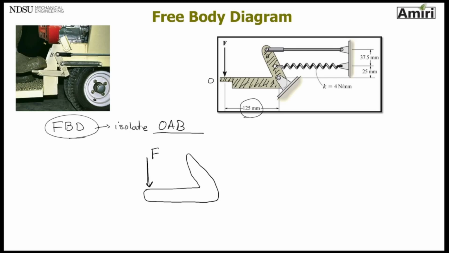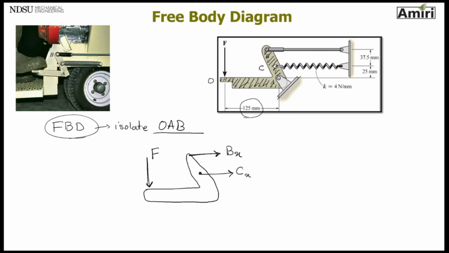I have point B, which I can call Bx. It's in the direction of that rod B. I have a spring applied at a point unknown. I like to call it point C, so I can call this Cx.